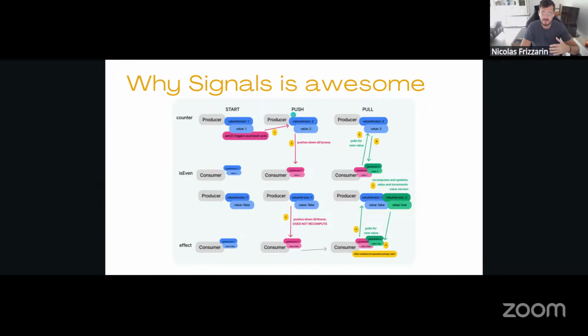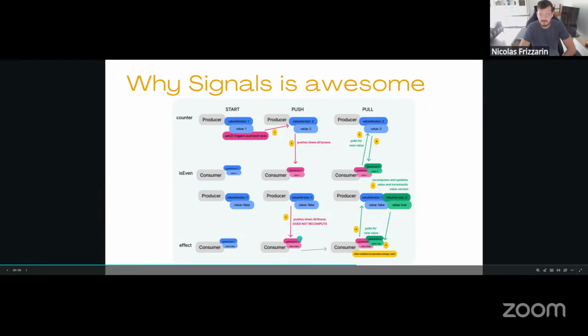is 2. Then, the counter will send a push down dirtiness, saying, "Hey, I'm dirty now, so you have to refresh." So isEven and the effect are marked, because the effect depends on isEven and isEven depends on the counter.